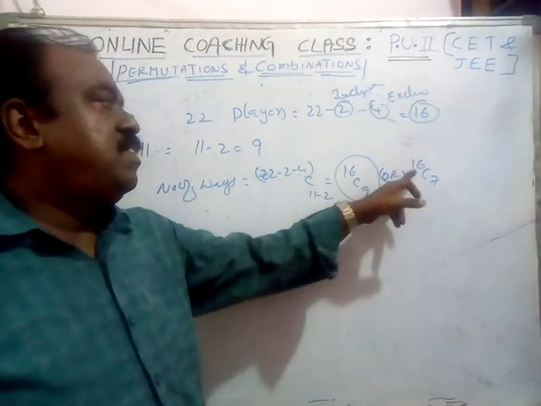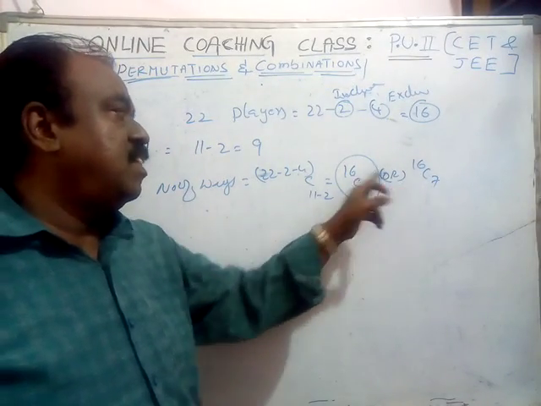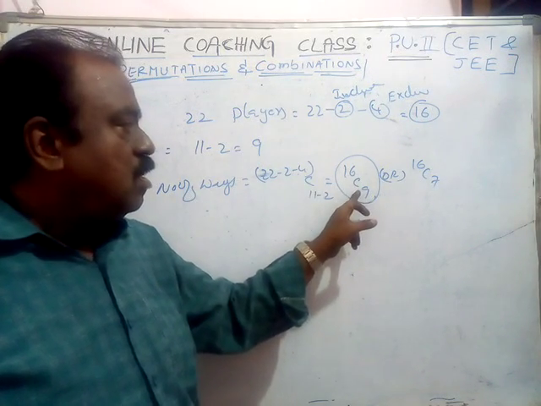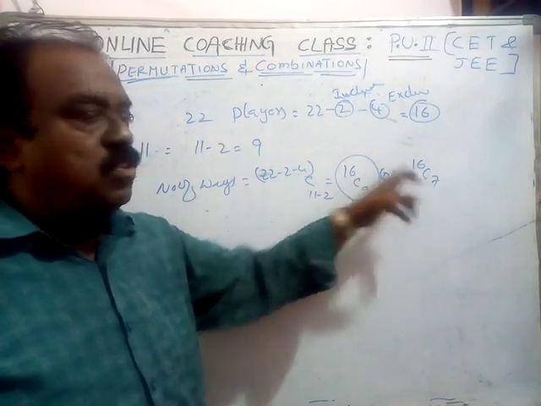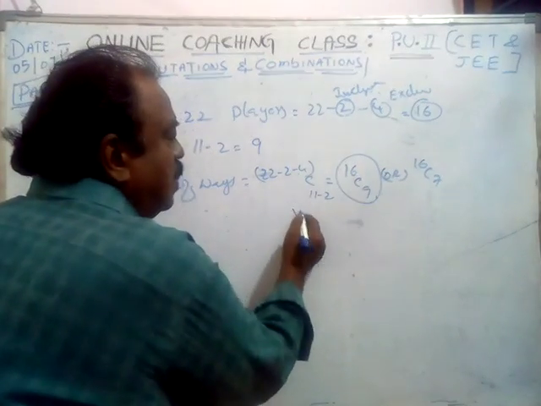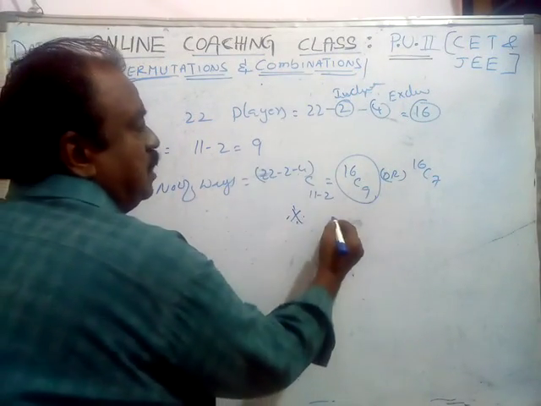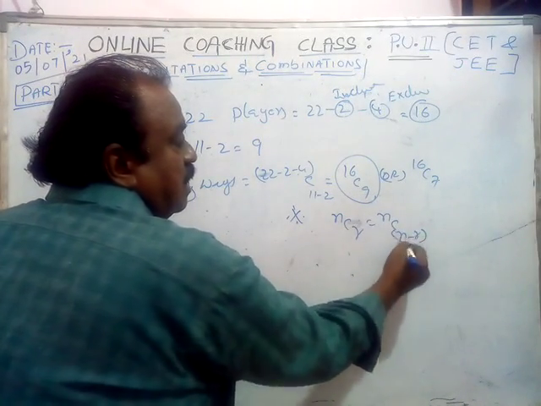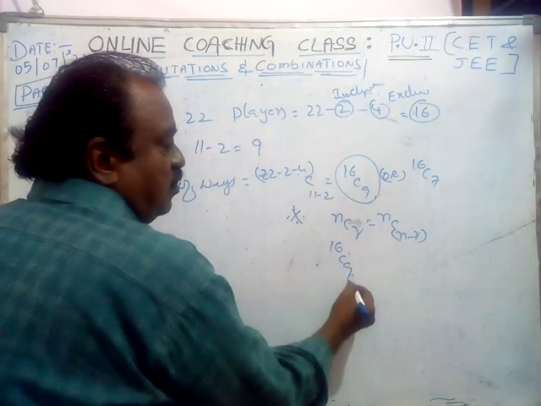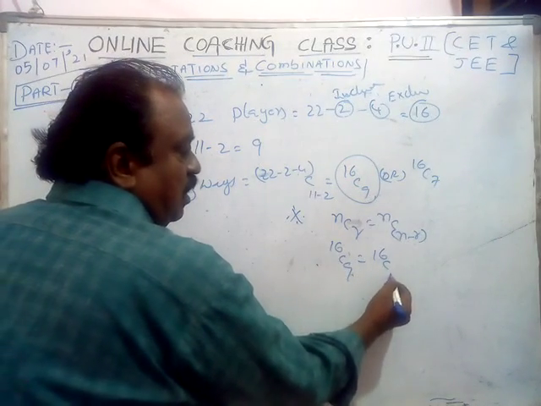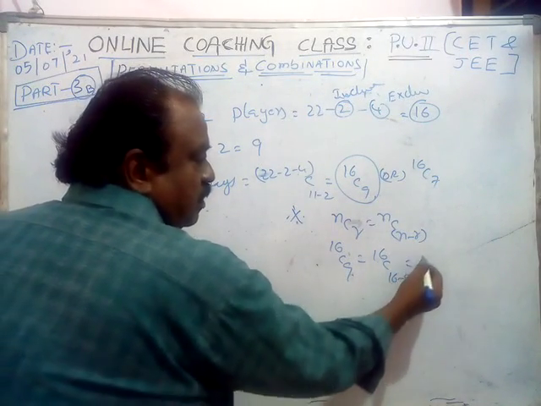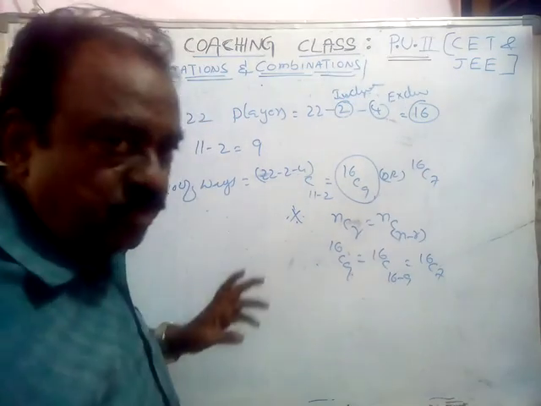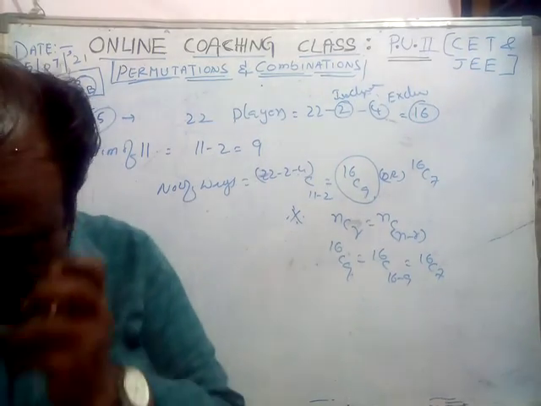Instead of 9, they may give this one, because a formula is there in combinations: nCr is nothing but nC(n minus r). 16C9 is nothing but 16C(16 minus 9), 16C7. Both are there. Is it clear?